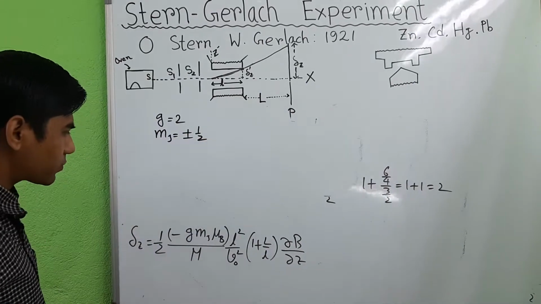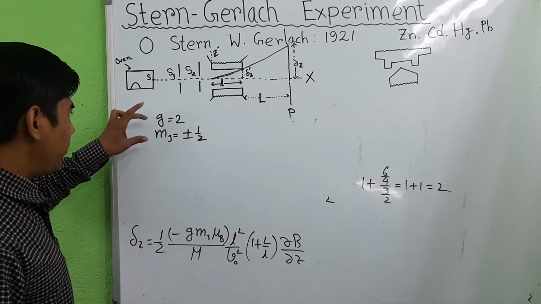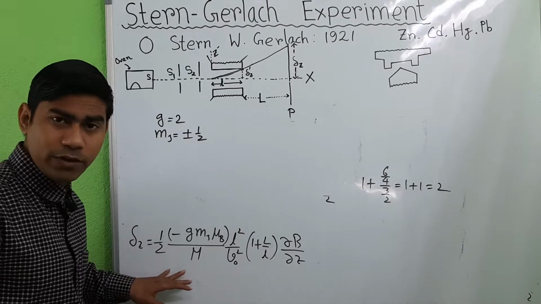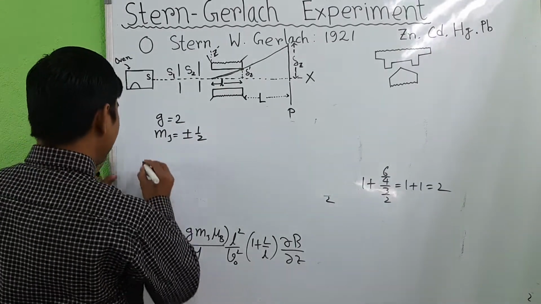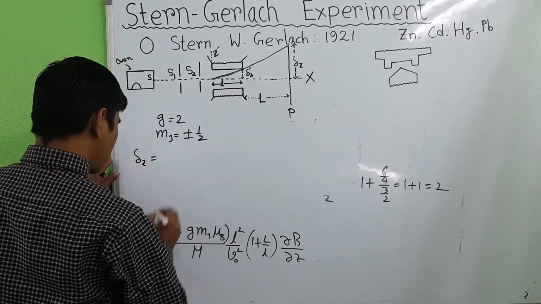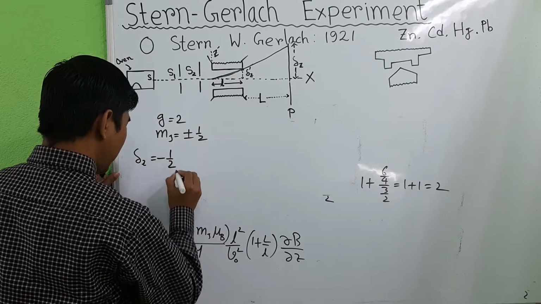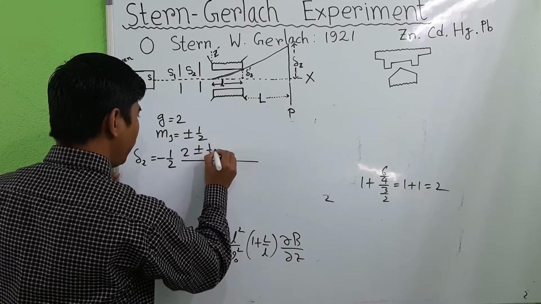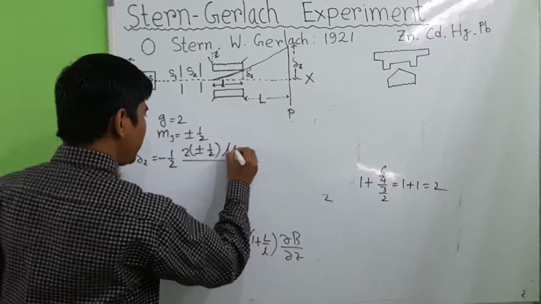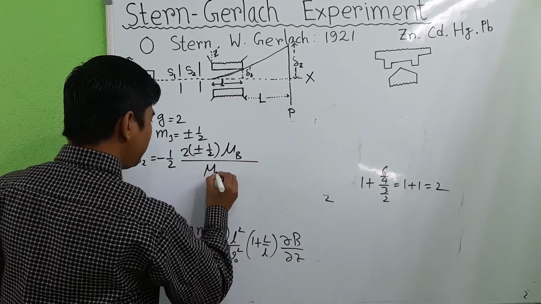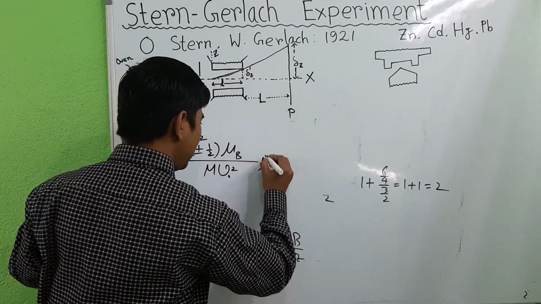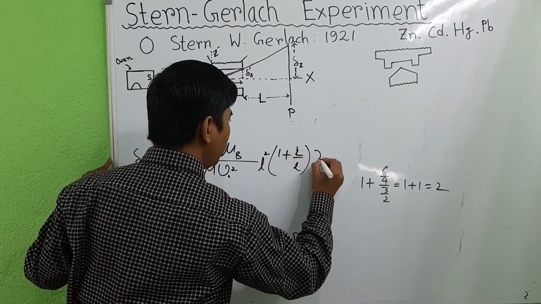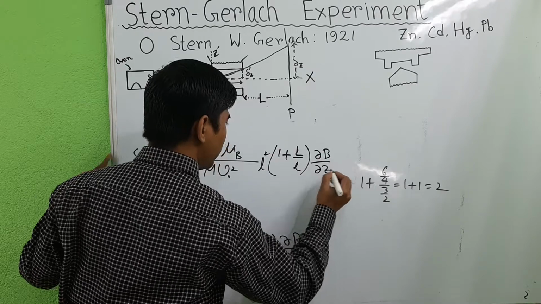Now, if we put the value of g equals 2 and Mj equals plus minus half in this equation, then we get delta Z equals minus half into g, which is 2, into plus minus half, into mu B by m V0 squared into L squared 1 plus L by L into dB/dZ.